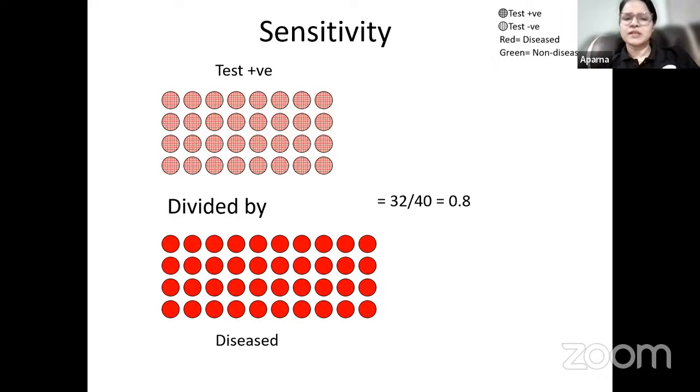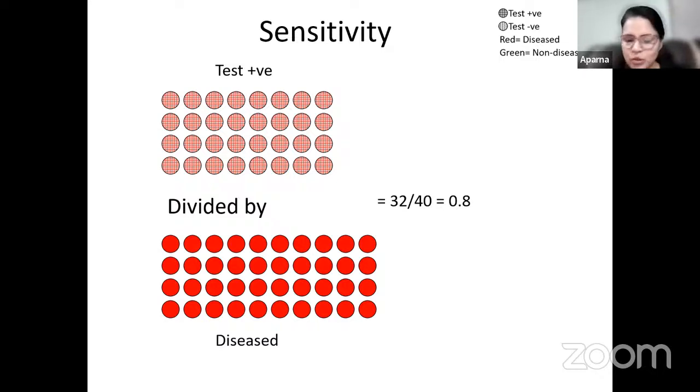So sensitivity is nothing but test positives divided by the total diseased population. Among the entire diseased population, the percentage of babies that tested positive with the new test gives us the sensitivity. In this example, the total diseased population is 40. 40 babies had true sepsis.